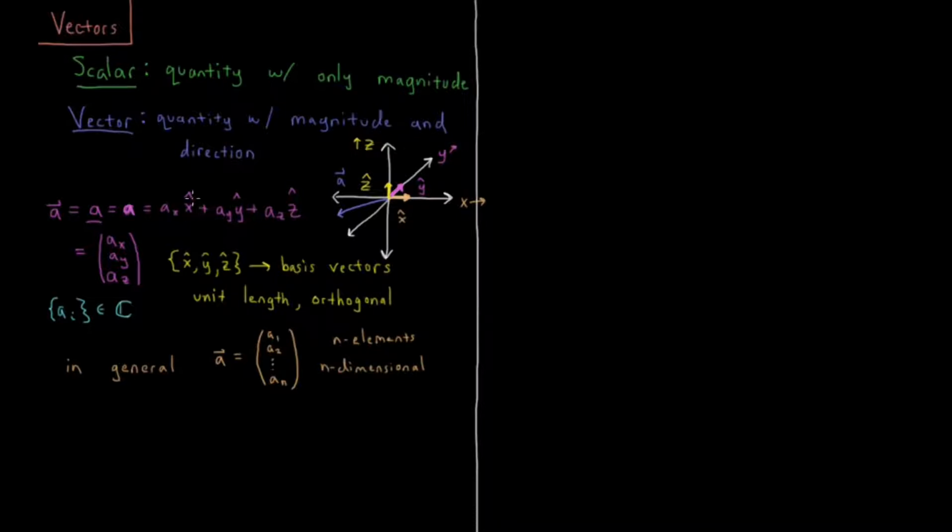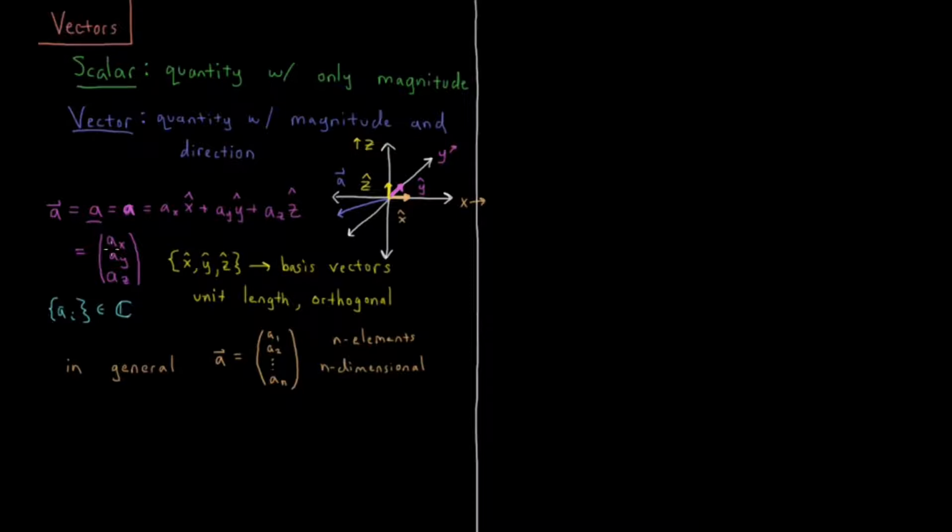So given that we have these unit length and orthogonal basis vectors, what we can then say for our vector A is we can represent it as this column vector here. It has a curvy type of bracket, and then it has Ax, Ay, and Az, the three components that represent it in the x, y, and z dimensions for our vector.